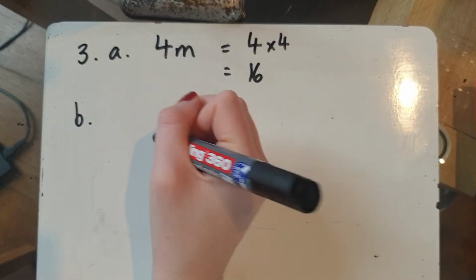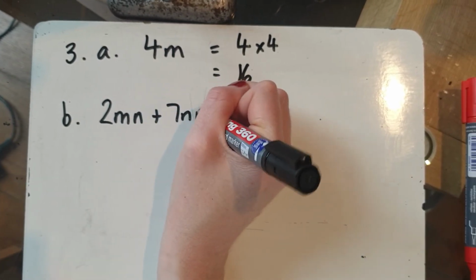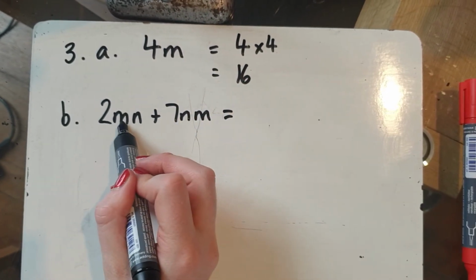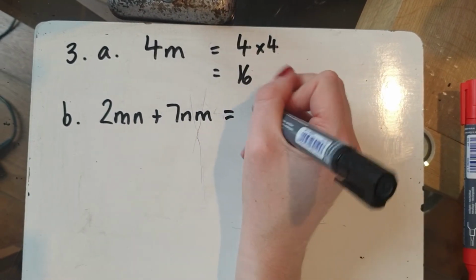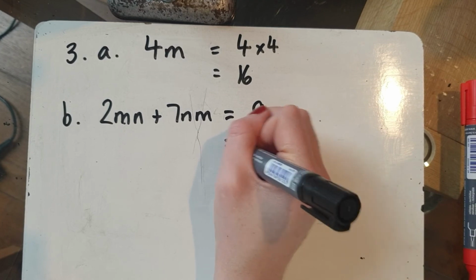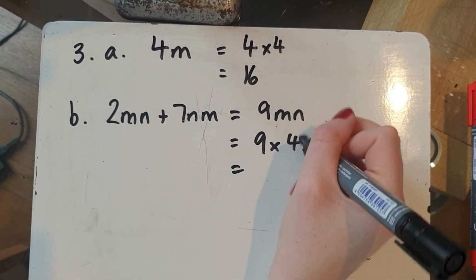For part B, 2mn plus 7nm, they're both mn. It's just that they've been switched around here. That's absolutely fine. So we can just say that's 9mn, which means it's 9 times 4 times 2, because m is 4 and n is 2.